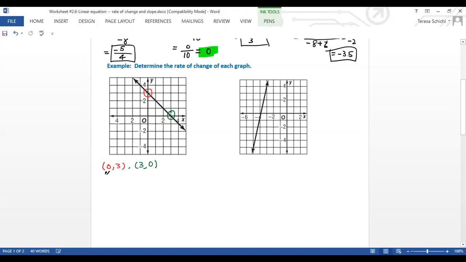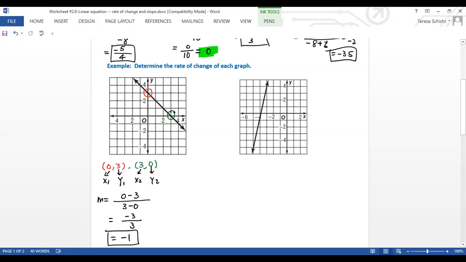Then you can say this is x1, this is y1, then this is x2, this is y2. Then the slope will be x2 minus x1, so it's 3 minus 0, and y2 minus y1 is 0 minus 3. So it's -3 over 3, which is equal to -1, so the slope is -1. That matches what we said: you go downhill. If you're standing here, you're going downhill.